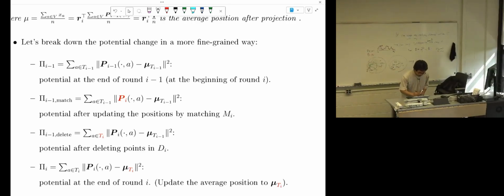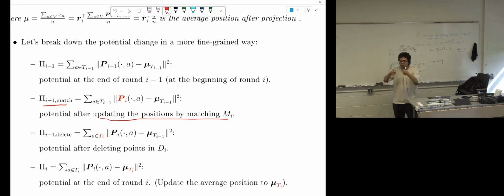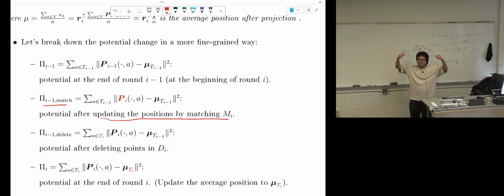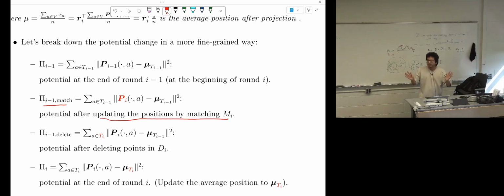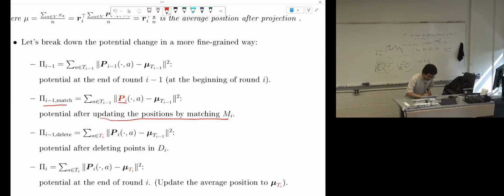So imagine that this thing is just the potential after I update the position of points by the matching. For each matching, I just take the average. That's how I move points, right? So the only thing that changed is the position of points. I change from this to this thing.